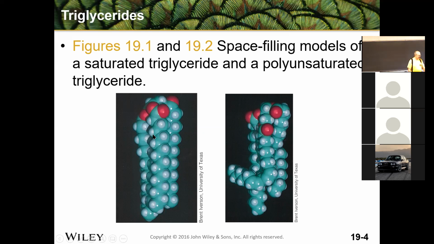Notice that these fatty acids consist of long chains, long R groups. Here is an unsaturated or polyunsaturated fatty acid. Notice here that one or more of the side chains stick out sharply to the side.